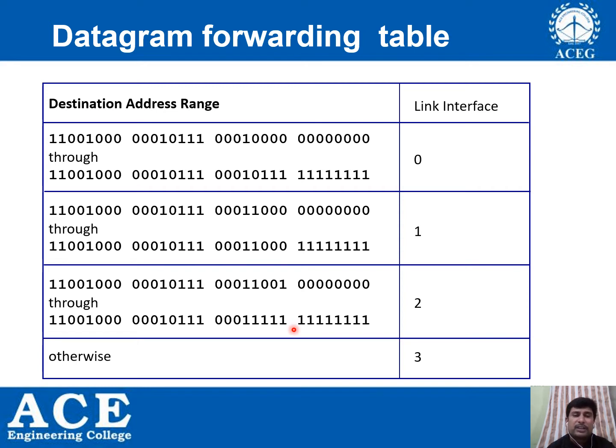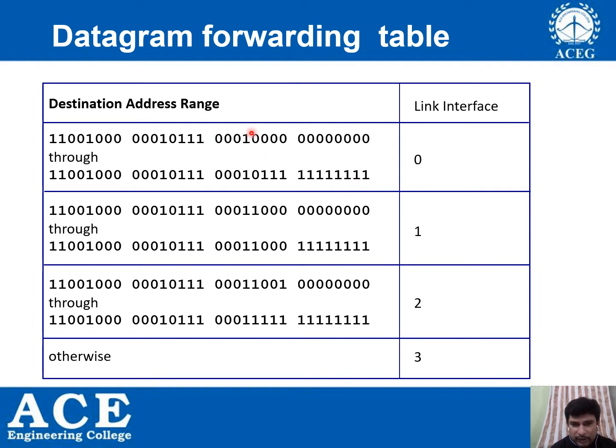So the total addresses, I'm going to divide into 3 address ranges. The first 20 bits are common, 11001000 00010111 0001 is common, and starting from all 12 zeros, first I am dividing up to 0111 followed by 8 ones.